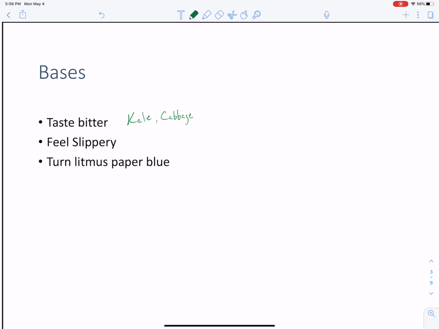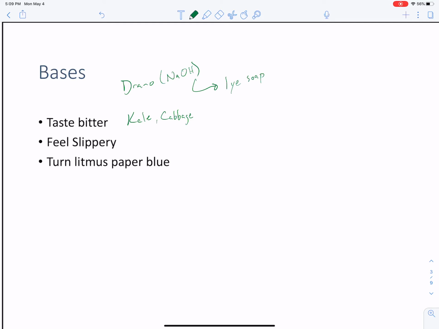In terms of other things that are bases, a common one would be Drano, especially if it uses sodium hydroxide. Okay, that sodium hydroxide is a big deal. That was used back in the old-timey days to make lye soap.